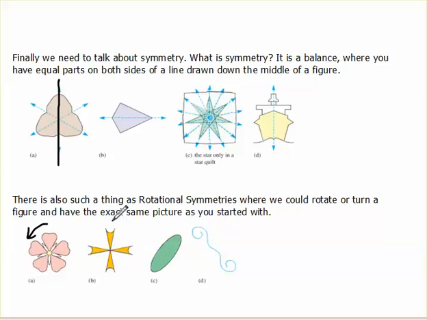This figure here, if I were to rotate it around 90 degrees, then we would again have the exact same picture that we started with. So that's called rotational symmetry, and we're going to be working a little bit with that in some of the things that you're going to be working with in your examples in your homework.